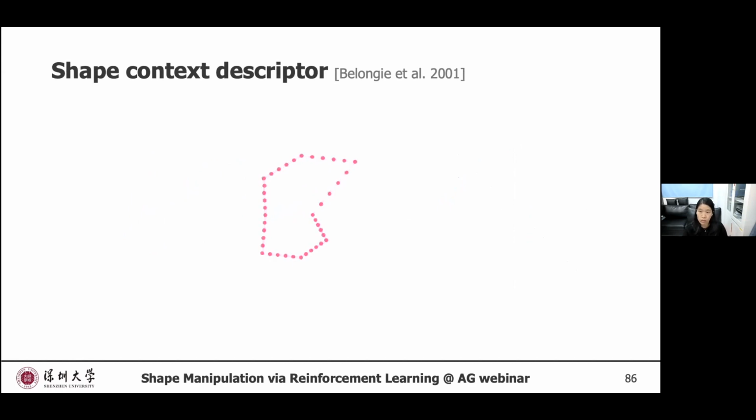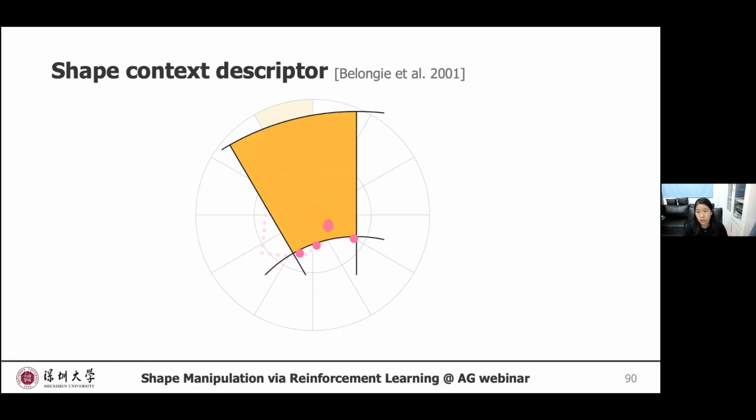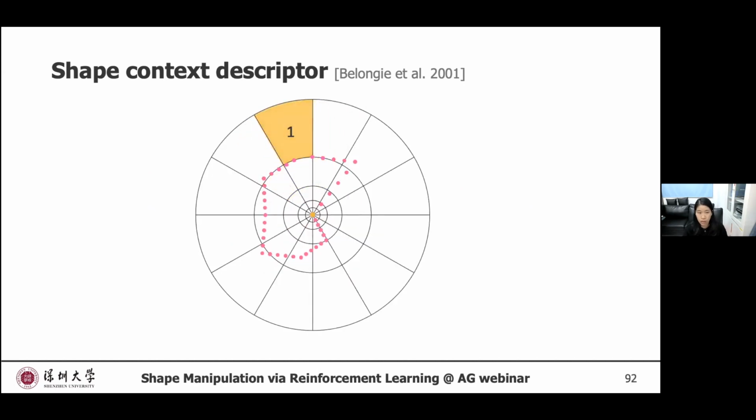And then for each sampled point, we create a grid and compute the relative position of the other points by counting the number of points falling in each bin of the grid.